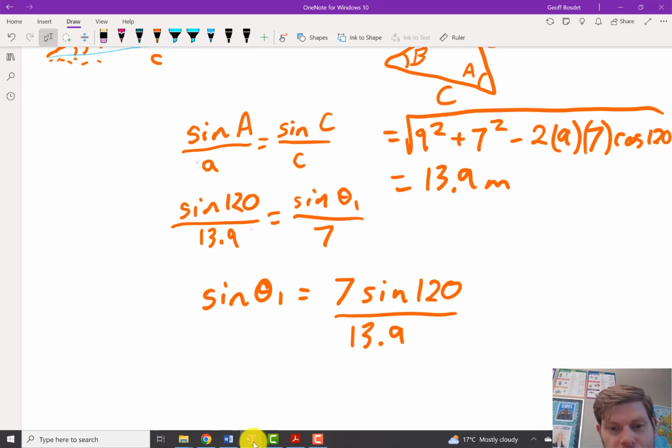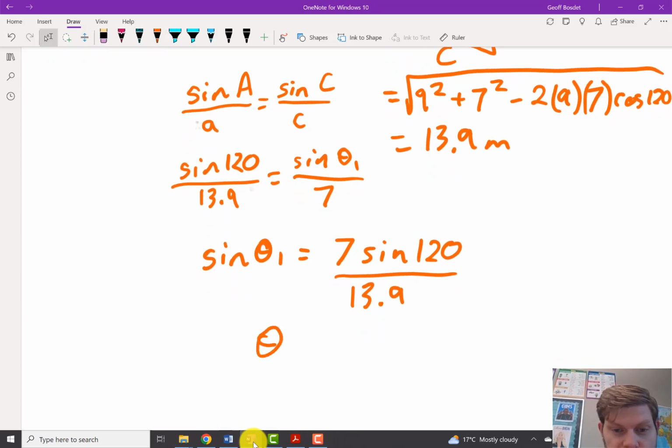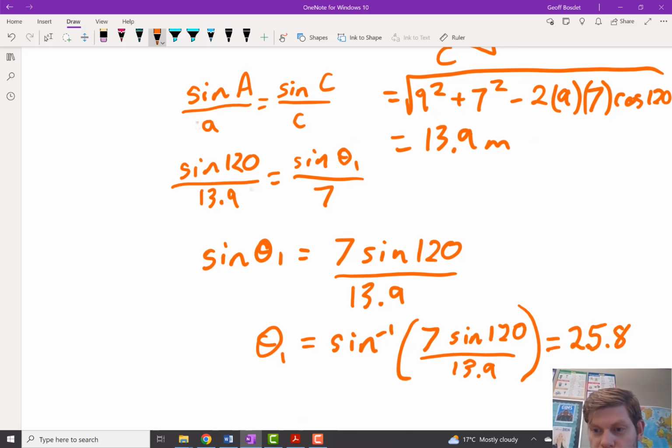I want theta, so to get that, I'm going to have to inverse sine both sides. If I inverse sine both sides, I'm going to find out that my theta 1 is equal to the inverse sine of 7 times sine 120 all over 13.9. So you go plug all that garbage into your calculator, you will get 25.8 degrees.